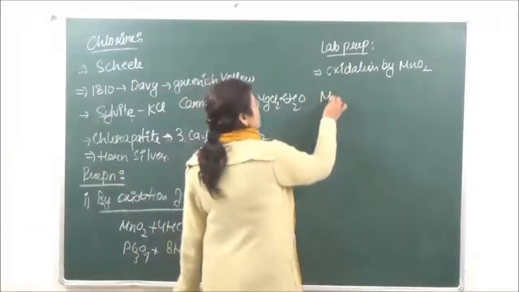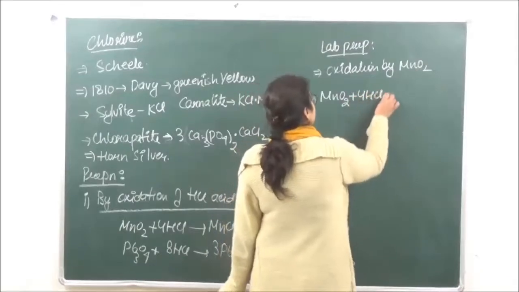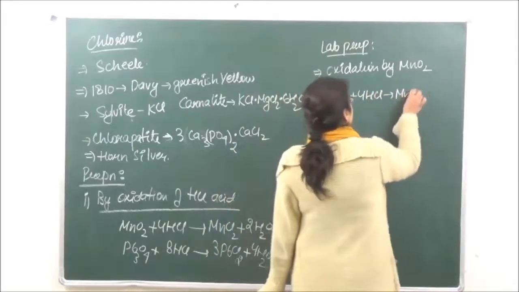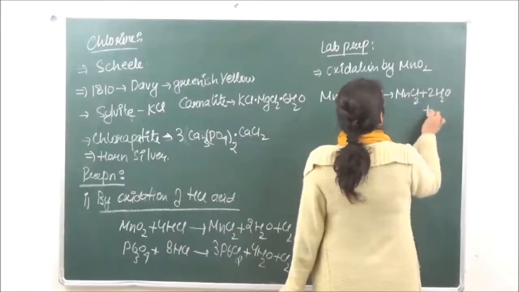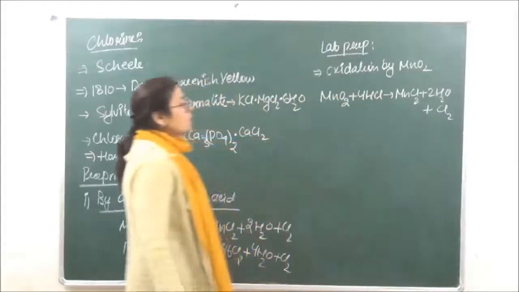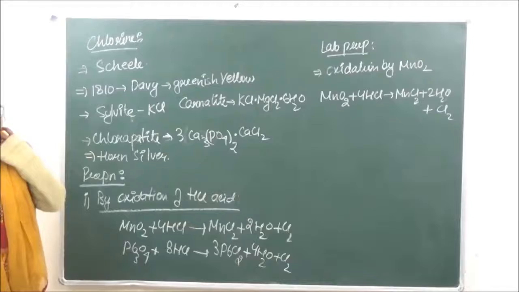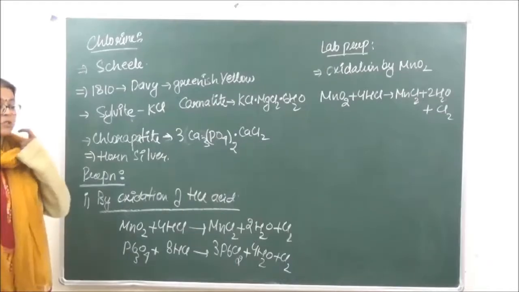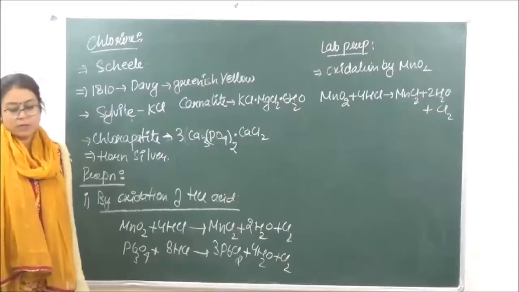So the reaction which we can write is MnO2 plus 4HCl to give us MnCl2 plus 2H2O plus Cl2, chlorine, right? Now when we are preparing it in the laboratory, it is seen that a yellowish green gas is evolved. That yellowish green gas is going to be chlorine.